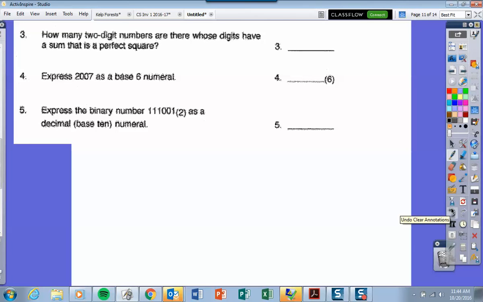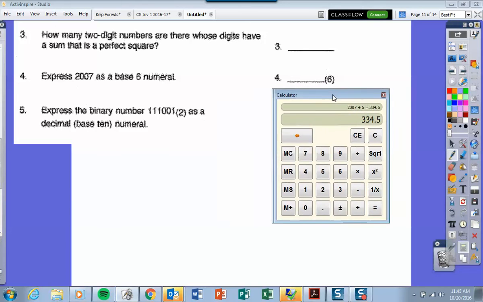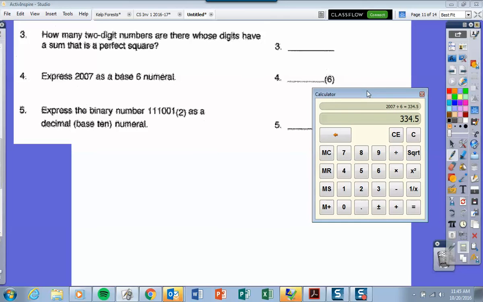Express 2007 as a base 6 numeral. This is exciting. So I see that if I take 2007 and I divide it by 6, because it's a base 6 numeral, okay, it goes in there 334 times equally.